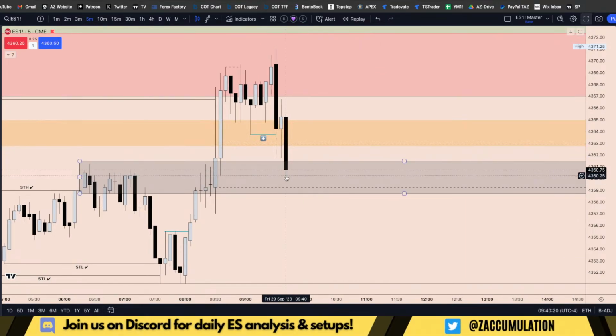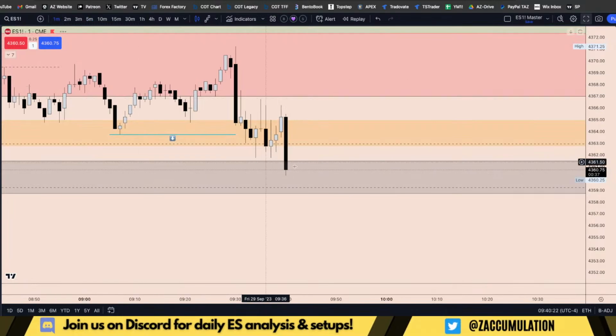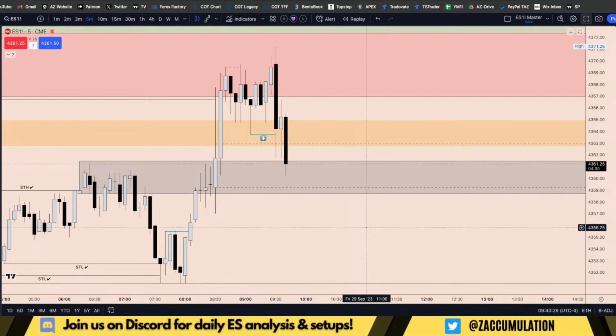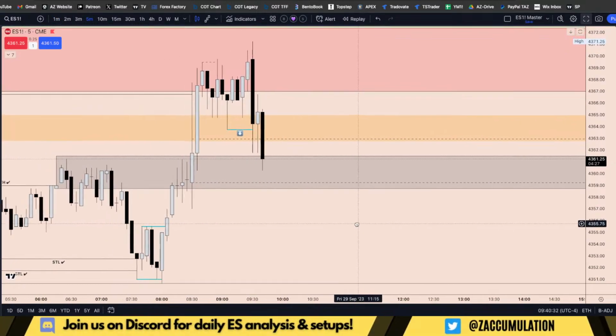We didn't close below, but we continued to deliver lower. On the 1 minute, we also missed that bearish fair value gap. But we're pushing lower, and we can see that we now have touched the breaker block.